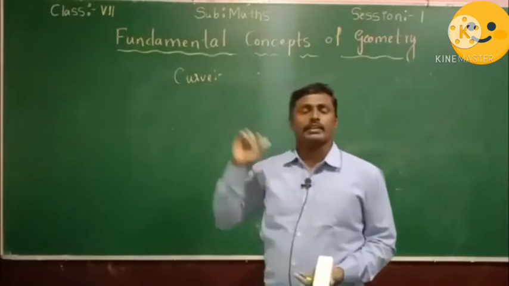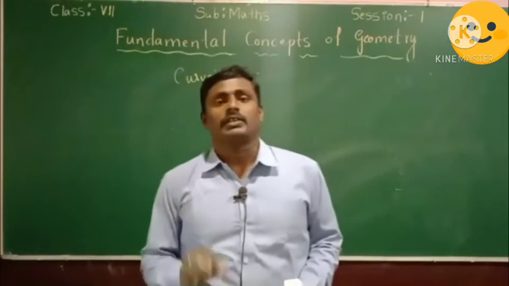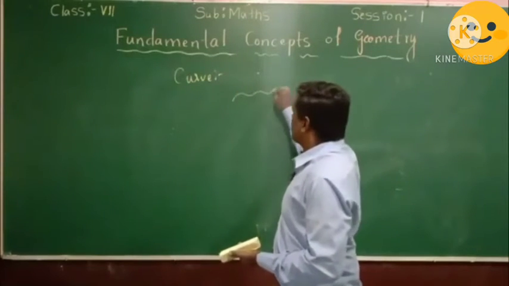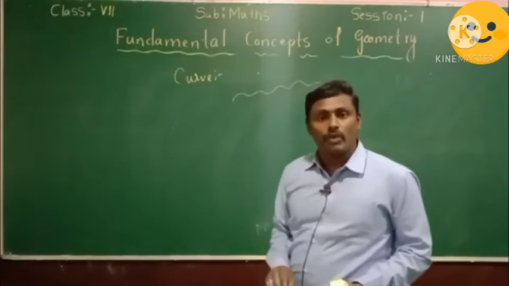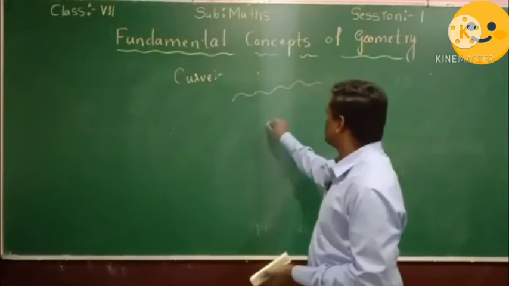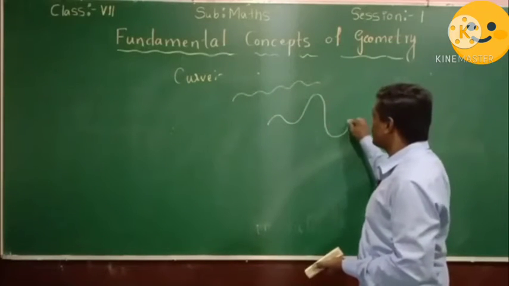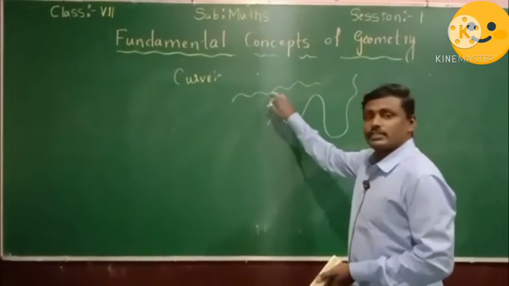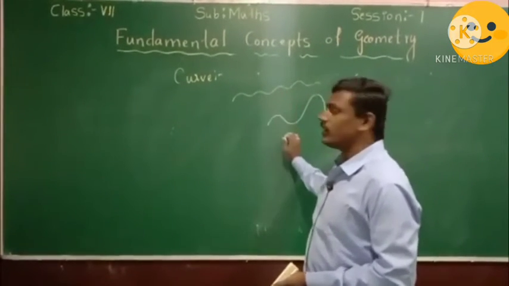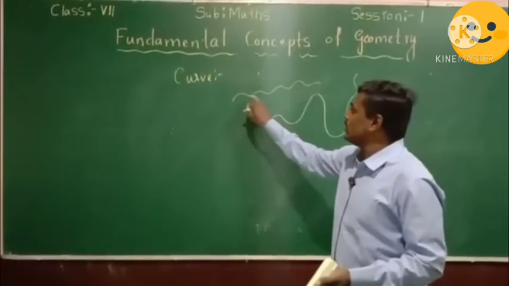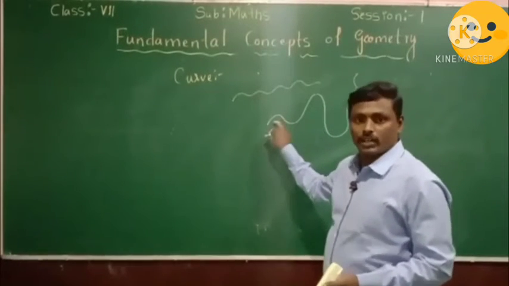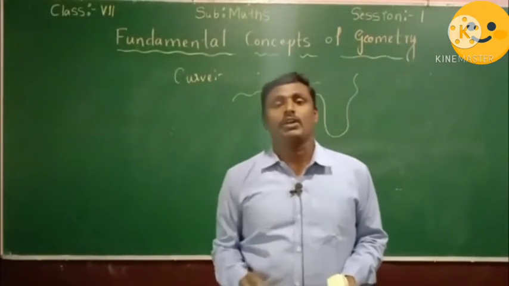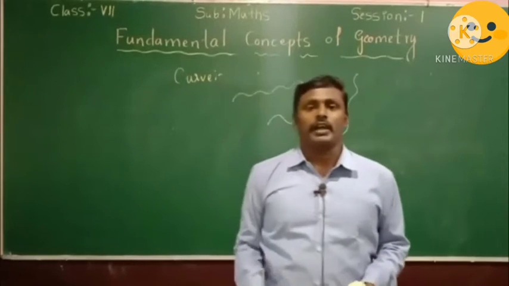I can define the curve in simple words: a curve is a line which is not in the form of a straight line. Just observe these two lines, whether they are straight lines or not. No. So these types of lines are called curves.